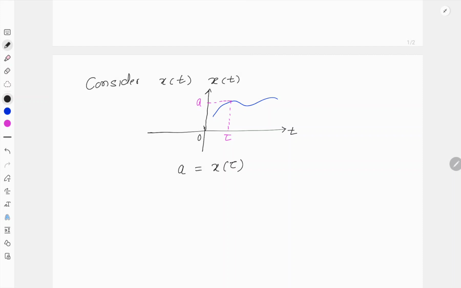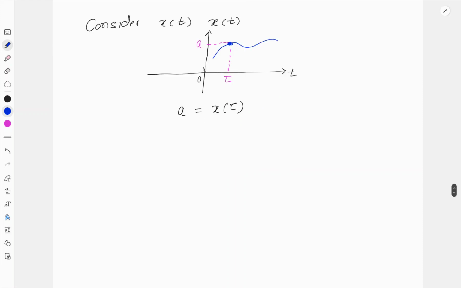So this is the value or the amplitude of the signal at time equal to tau. My next aim is to represent this single point of x of t in terms of impulse function. Therefore, first recall the concept of impulse signal.